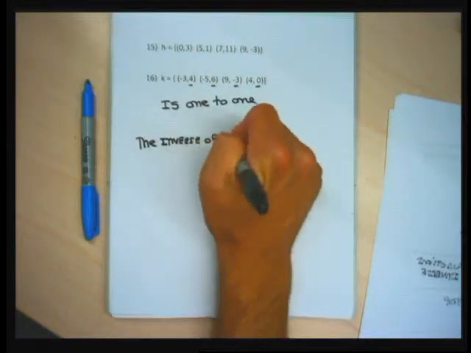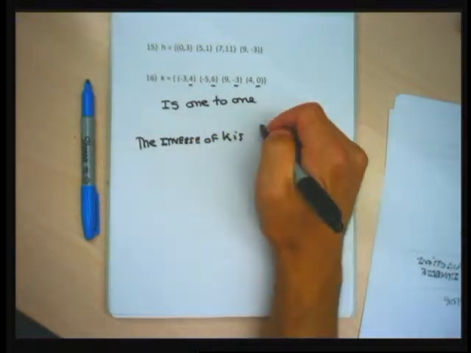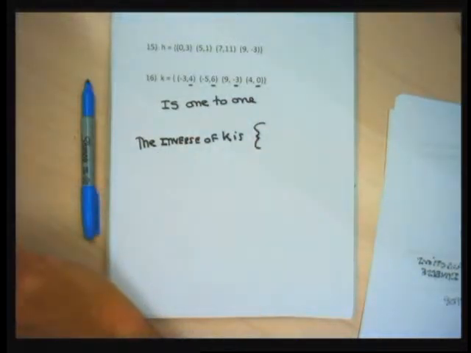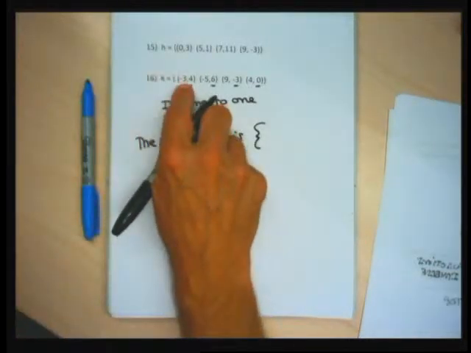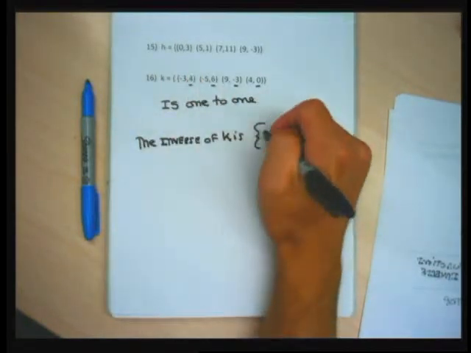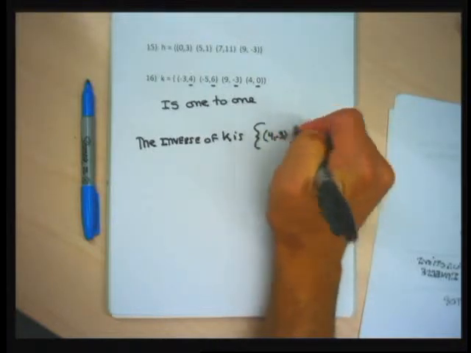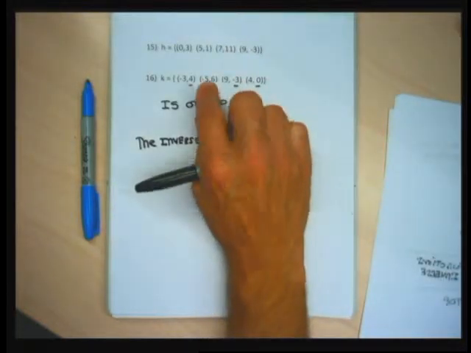of k is, I'm going to use the same notation. And to create an inverse of a one-to-one function, it's super easy when the function is written as a set of points. You just switch the x's and y's for each point. So the first point in the original function is negative 3, 4. In the inverse of it, you get the point 4, negative 3. The second point in k was negative 5, 6.